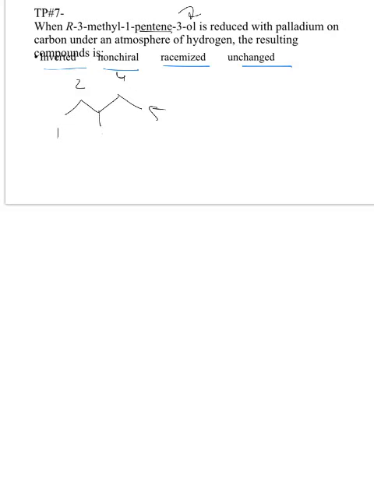Let's go ahead and draw in the O. The ol means alcohol, so you have the alcohol on the third carbon. And then you have the ene in pentene. See the e and e? That's on carbon number 1. And then on number 3, you have a methyl, so we're just going to go ahead and draw in a methyl on the 3.